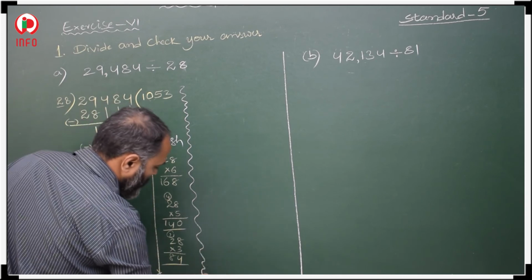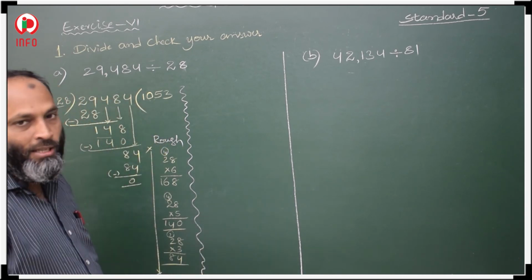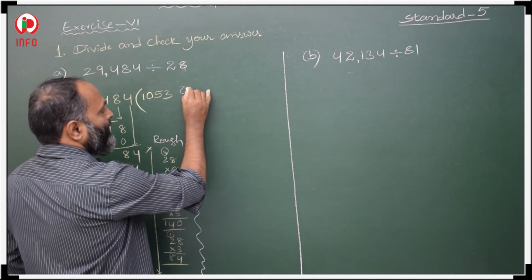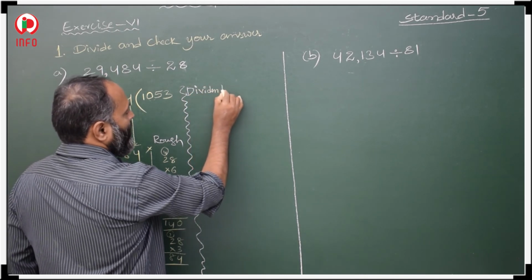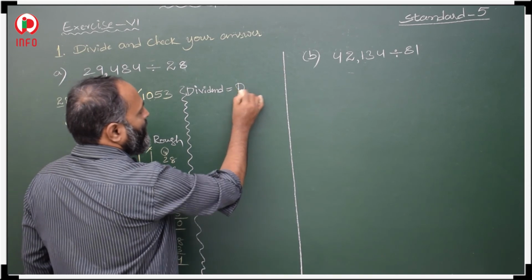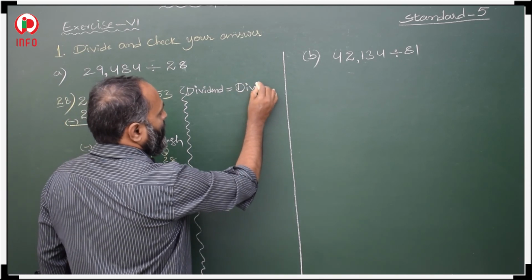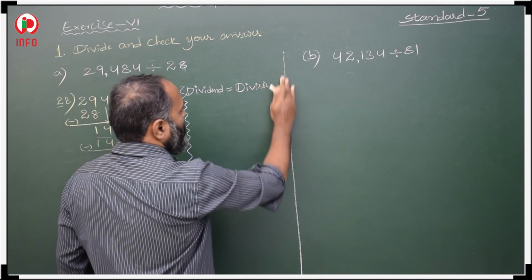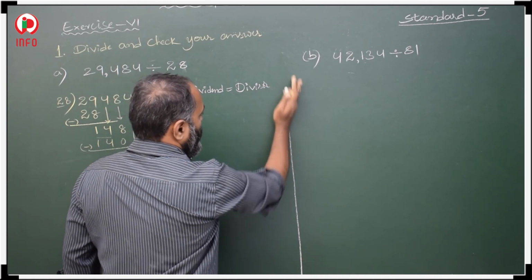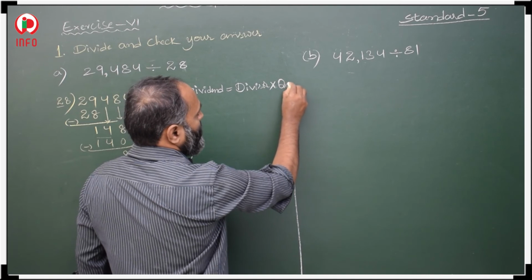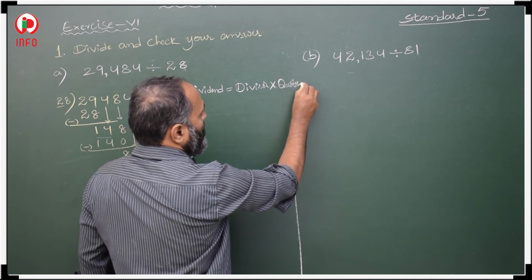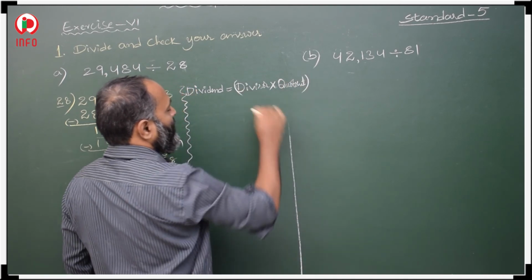Our formula. Our formula is dividend is equal to divisor into quotient.